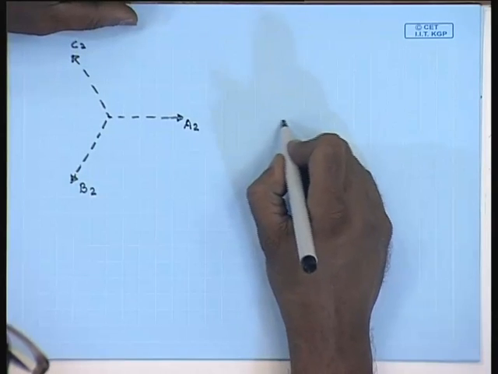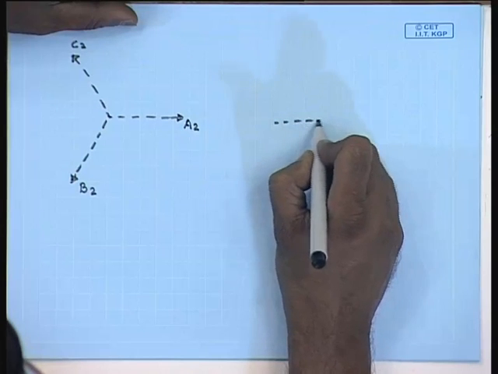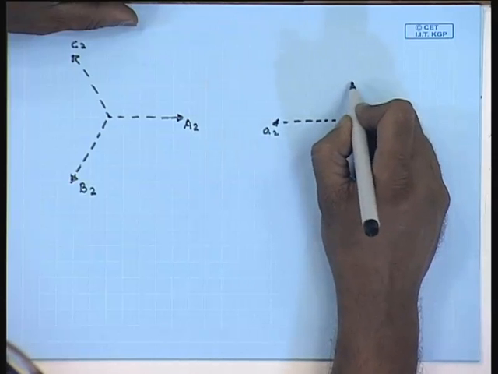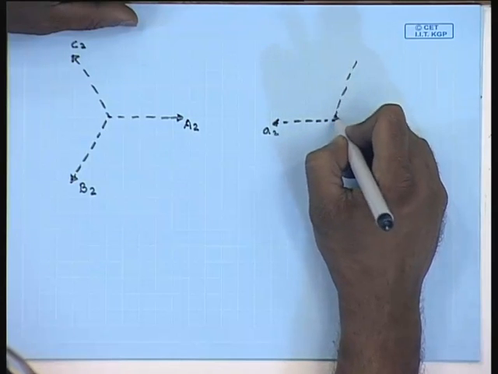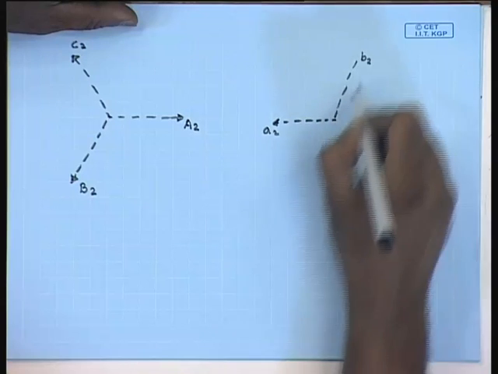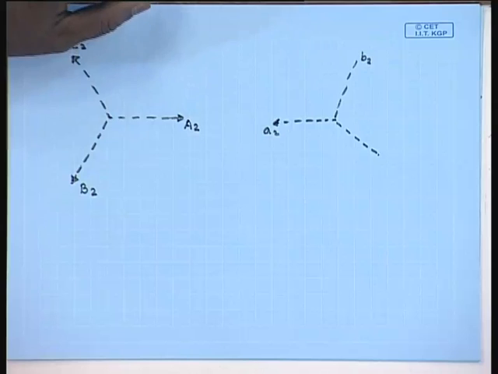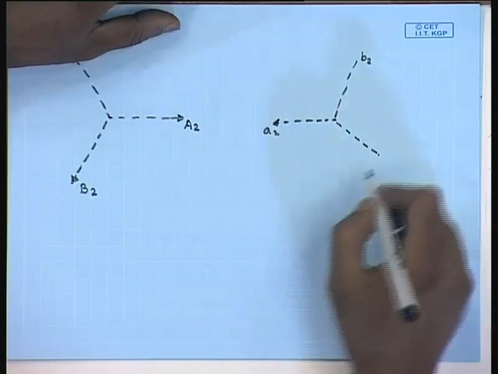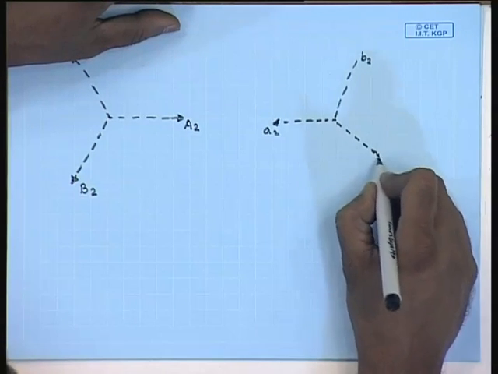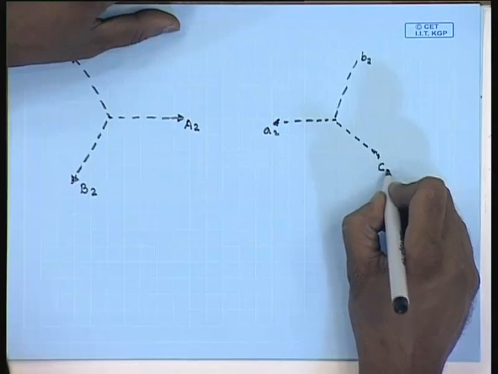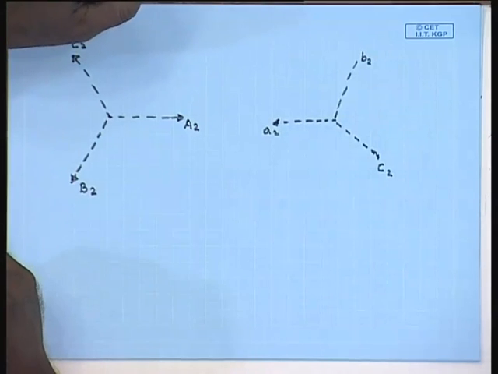Similarly, on the low voltage side, this is terminal small a2, this is terminal small b2 and this is terminal small c2. Then how do we make the connections?